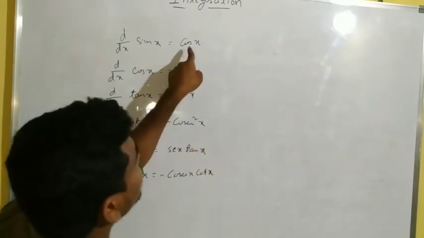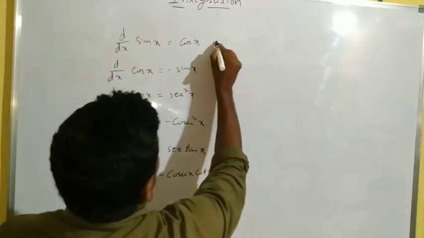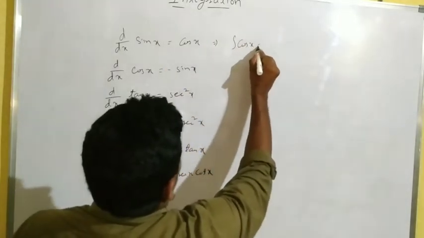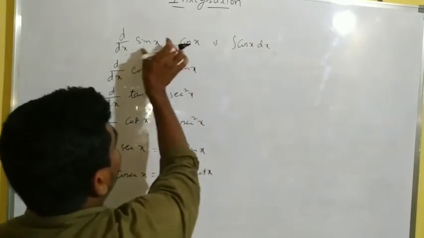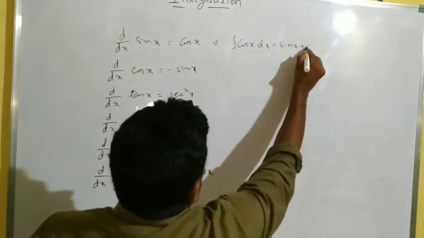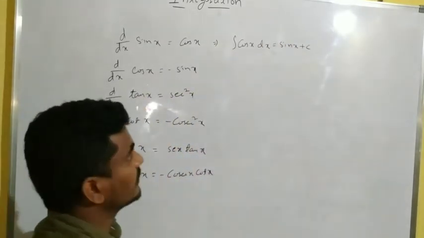So what is the integration of cos x? The integration of cos x dx is sin x plus c. This formula we have to remember.